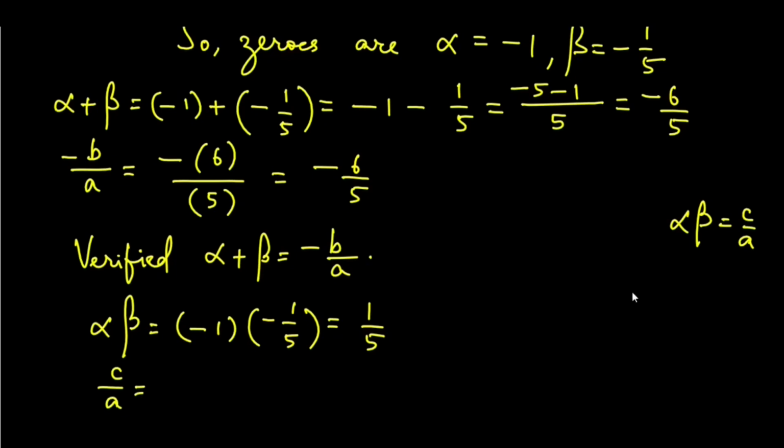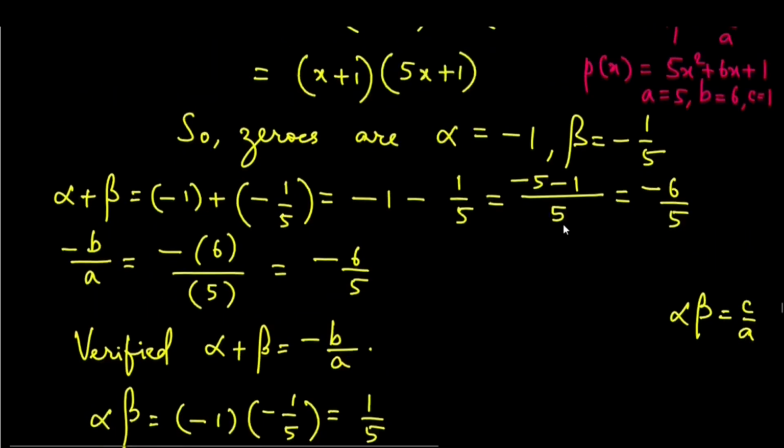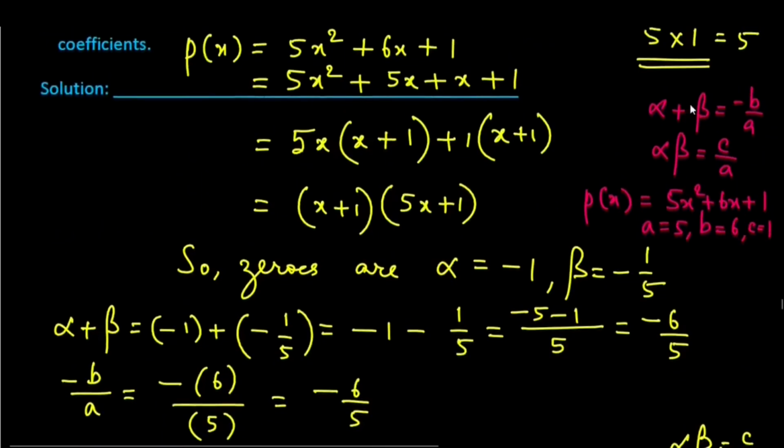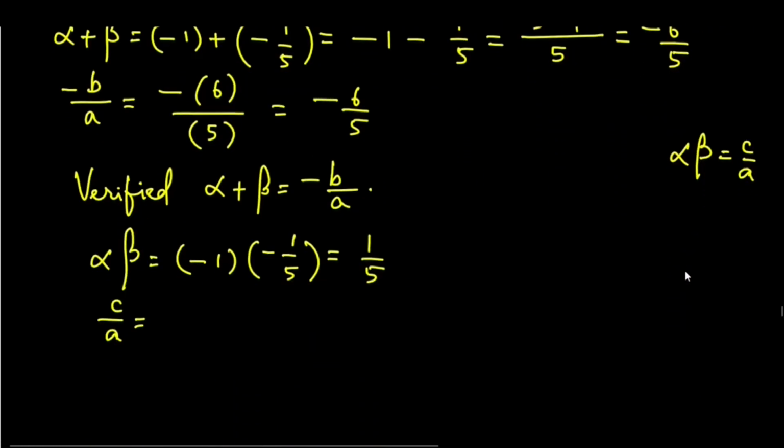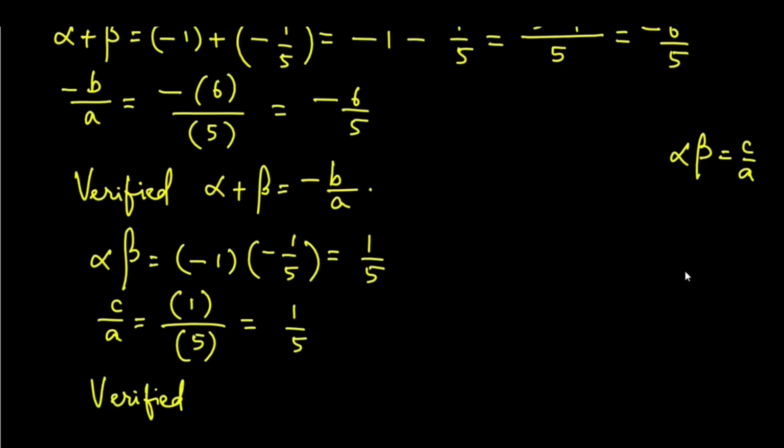Value of c is 1 and a is 5. So this is 1 by 5. We get 1 by 5. So it is verified. Alpha beta is equal to c by a.